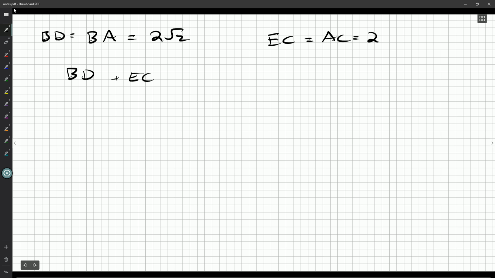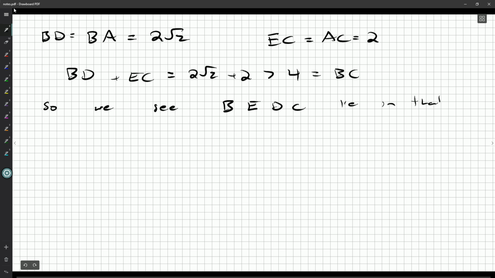BD plus EC is equal to 2 root 2 plus 2, which is greater than 4, which is BC. So we see B, E, D, C lie in that order. Right? Because there's no way D will be outside. Okay.